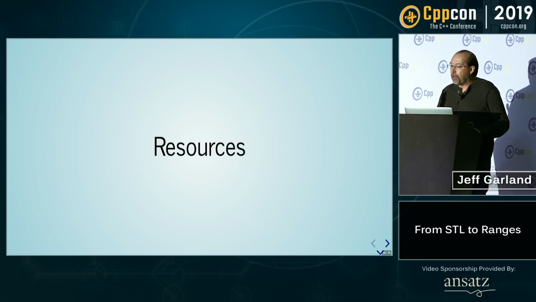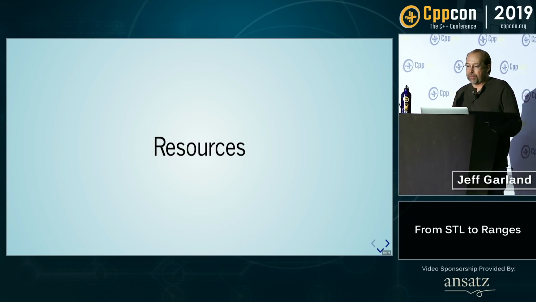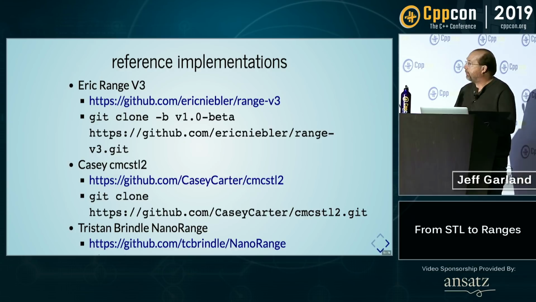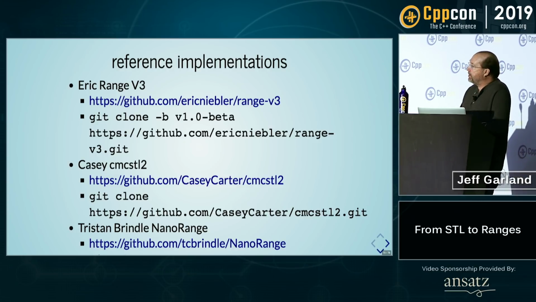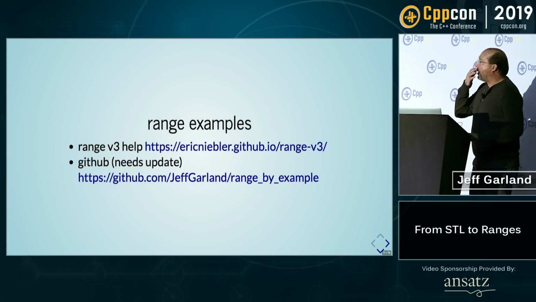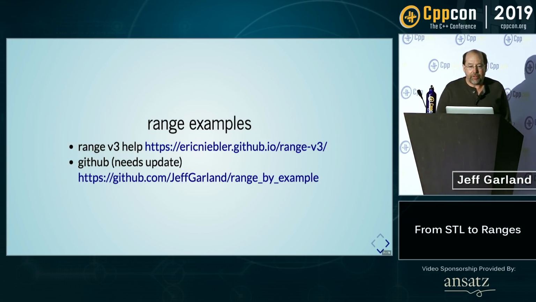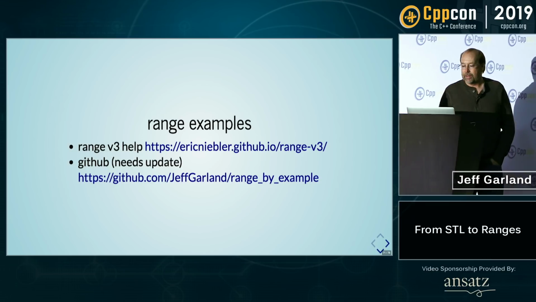Okay, so when these slides go up, there should be a large number of resources for you. Here's the links to the implementations we've already talked about. Range v3, as of yesterday, the examples have been making progress.